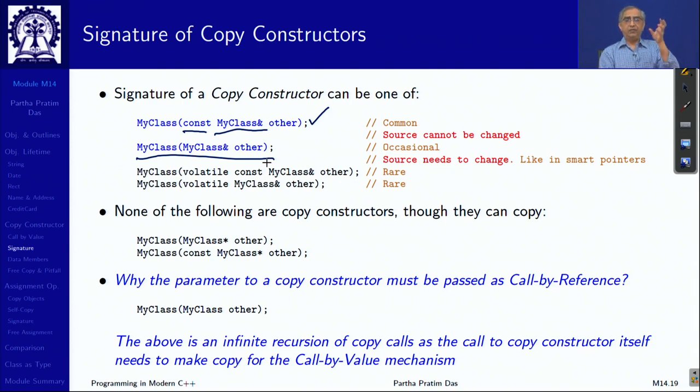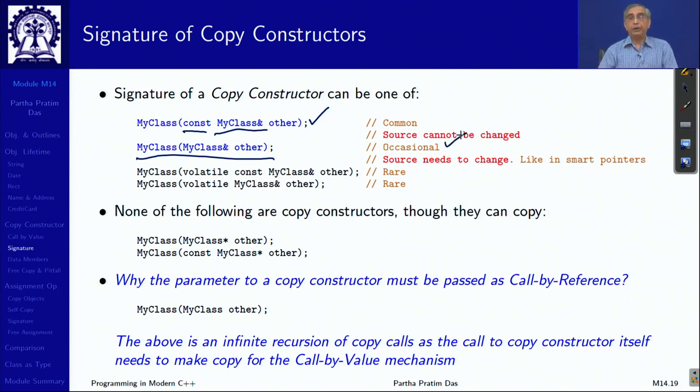See, there is a subtle difference between what we say is a copy and what we say is a move. If I want to realize move, which does not exist in C++ 03, then what I will want is not only to make a copy, but actually invalidate the source if required. So that there is only one, because if you just do copy, there are two copies of the variable. If I just want one, that the source has moved to the destination, then I will need to use this.